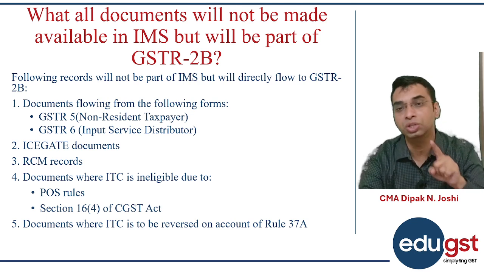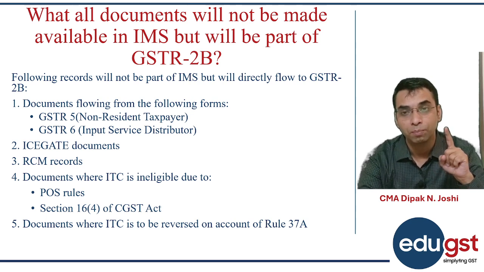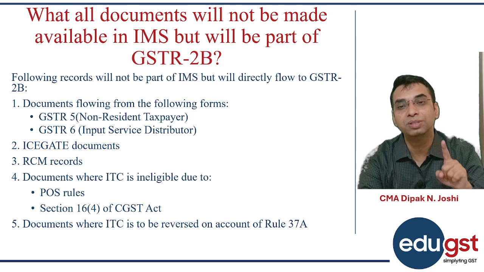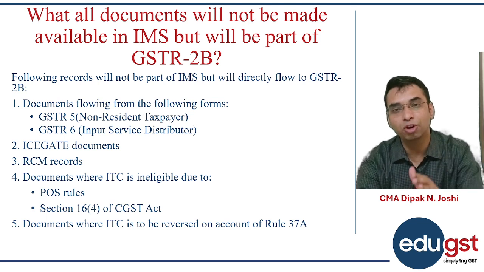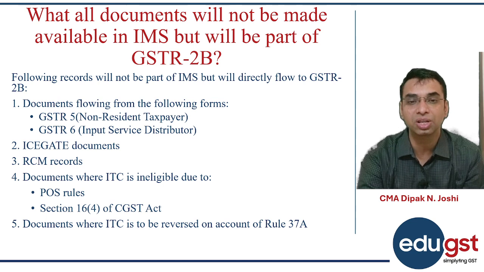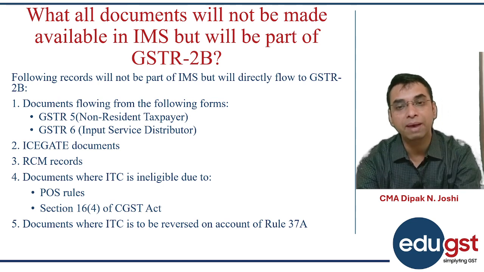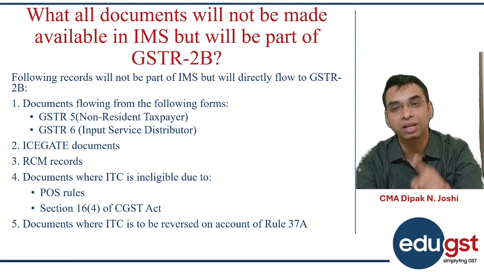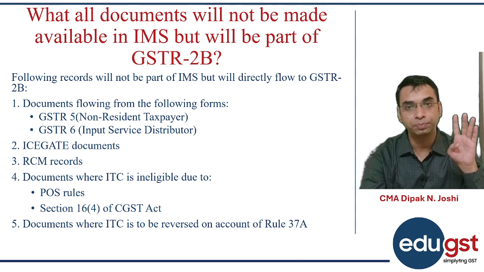Now this is going to change. After filing of GSTR1, or even before filing of GSTR1, if any supplier is uploading any invoice in his GSTR1, then that will be available for taking action in your IMS portal.